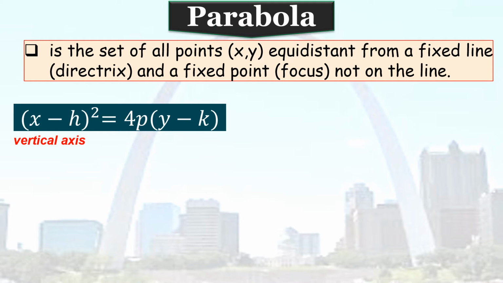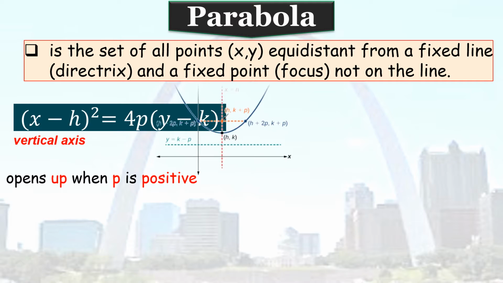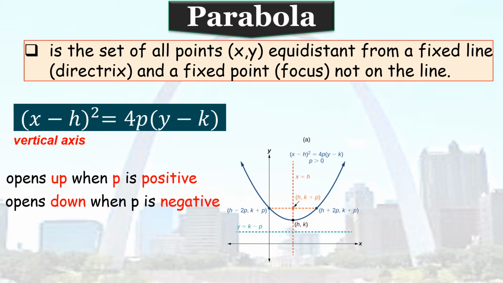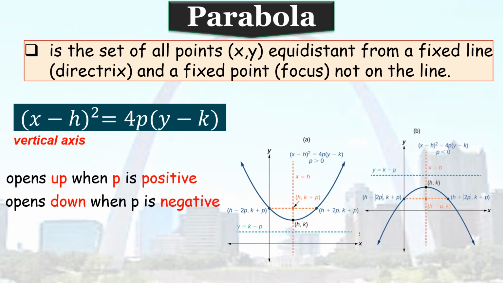This form of equation states that the parabola is along the vertical axis and that it opens up when p is positive and it opens down when p is negative.